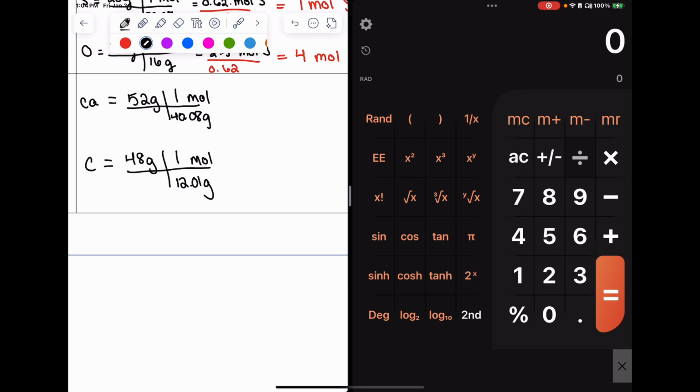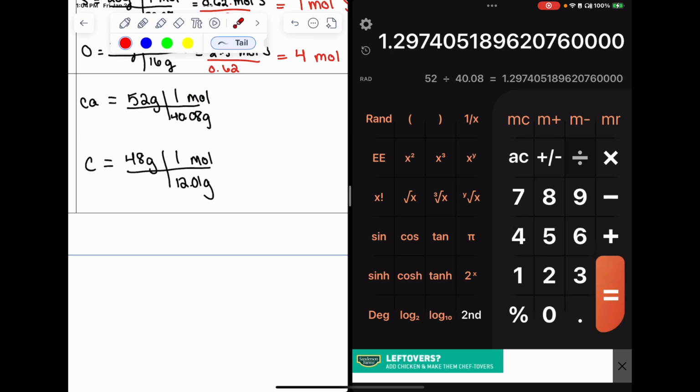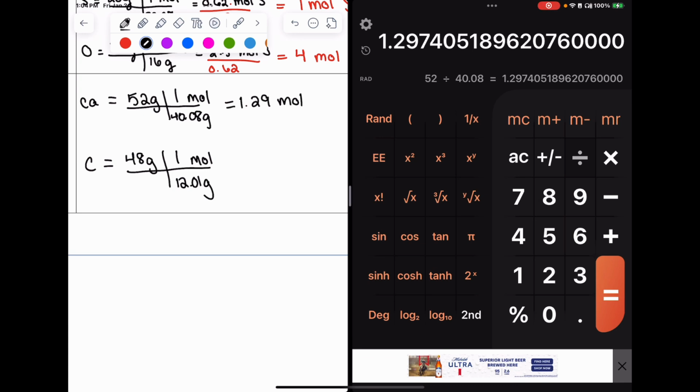Now, to do the math on this, take the number on top, divide it by the number on the bottom. So 52 divided by 40.08, we get 1.29 moles of calcium. Same thing for the bottom. We're going to do 48 divided by 12.01.